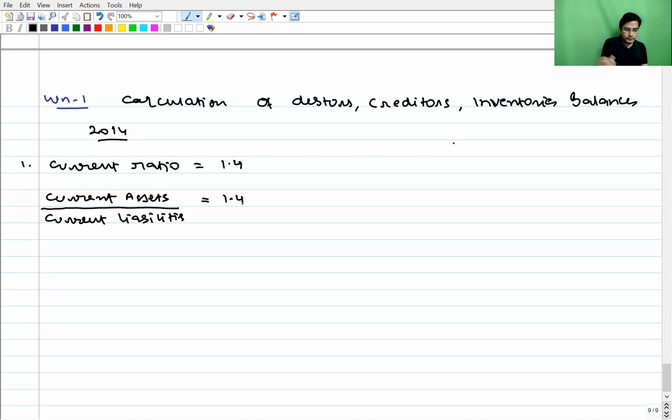This is the formula. And current assets includes all those examples which I was talking about just some time back, and current liabilities also all those examples which we discussed. In this question, they have told that working capital for 31st March 2014 is 100.